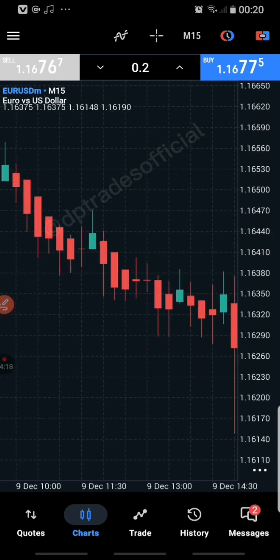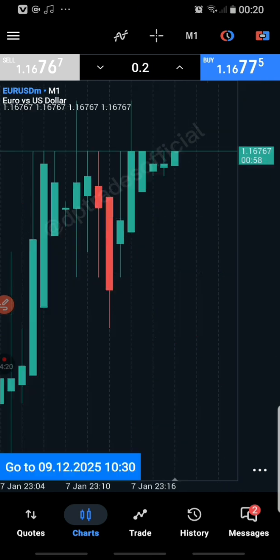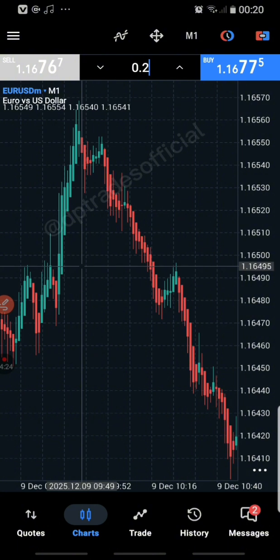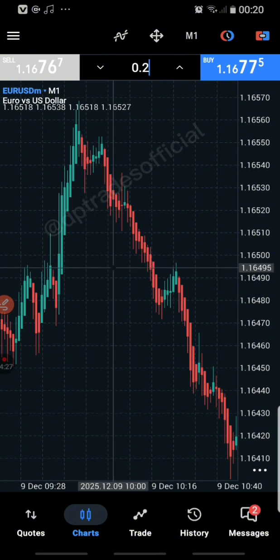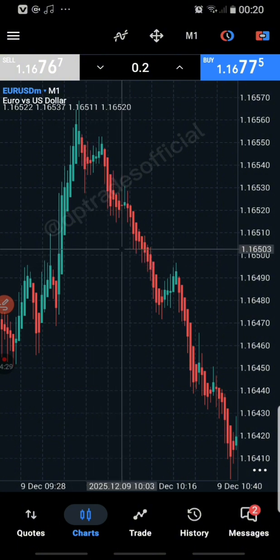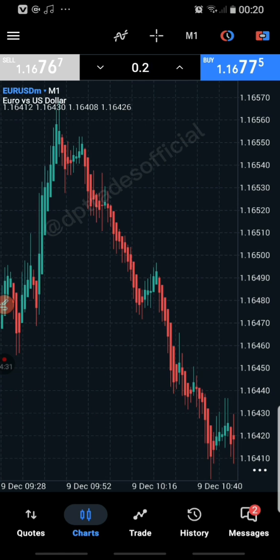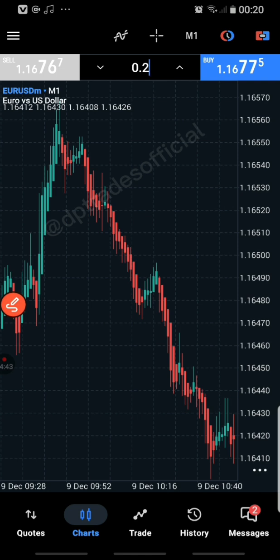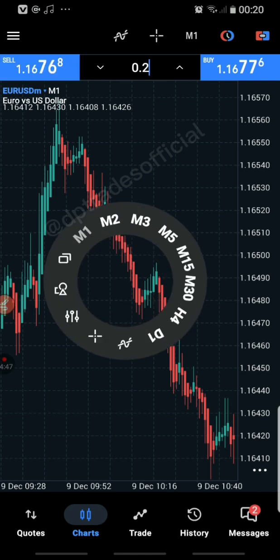Let's see what happened at 10 o'clock. Discover that the next signal that showed did not even take a move. That's why I said you don't know every time, but the probability of it working is very high. Good. So it's just a model, as I said, a trade idea that you can build on top of.